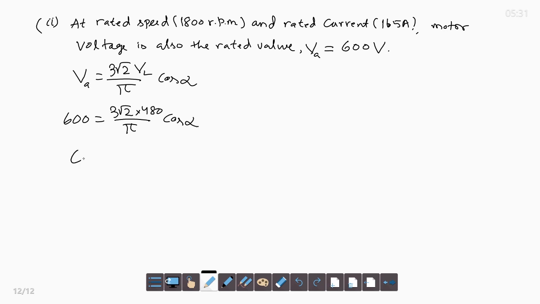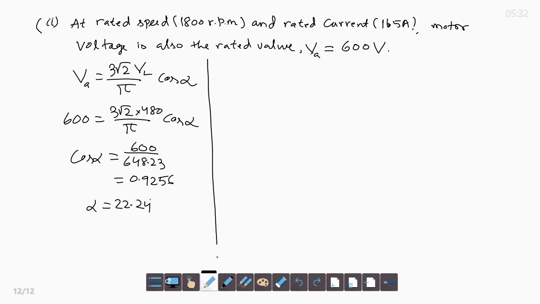So you get cos alpha equals 600 divided by 648.23, which is 0.9256, and alpha you get 22.24 degree. That is the first part.